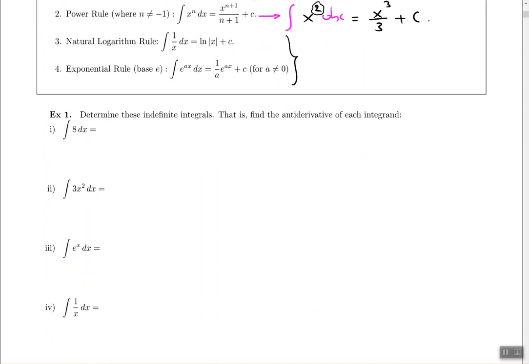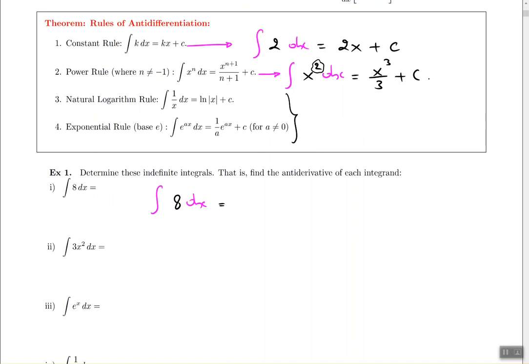Okay, so we're going to practice the formulas that we just learned with example 1. So the first one says the antiderivative of 8 dx. So which one of the first or second formula works? Well, this is a pure number all by itself. So this is just a random number, which means that the antiderivative is going to be 8, the random number that you just had, and then multiply that by x.